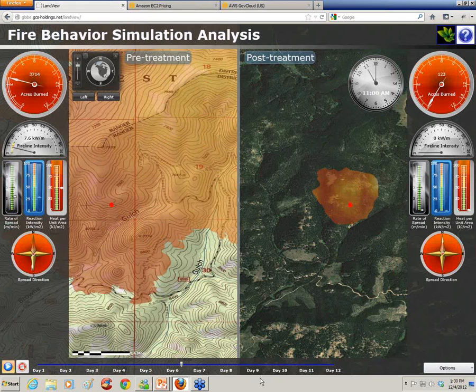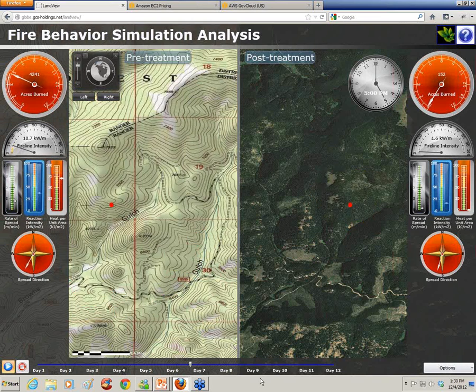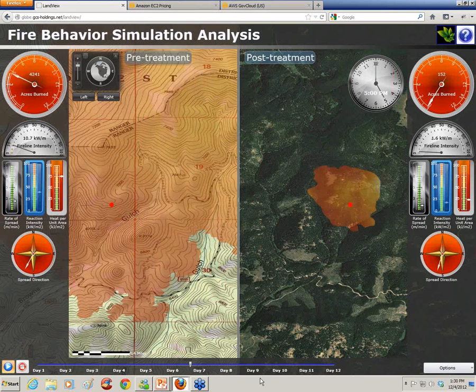In this case, we're accessing over 1,500 cores, running a couple terabytes of data, and doing it all in network real time. So there isn't any slowdown in the outcome and the attributes.